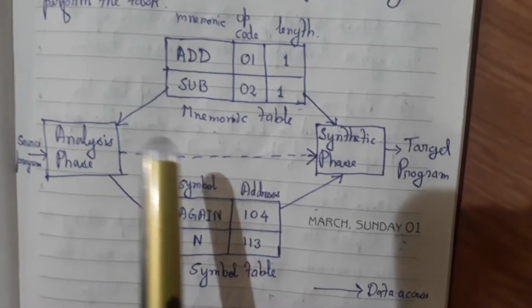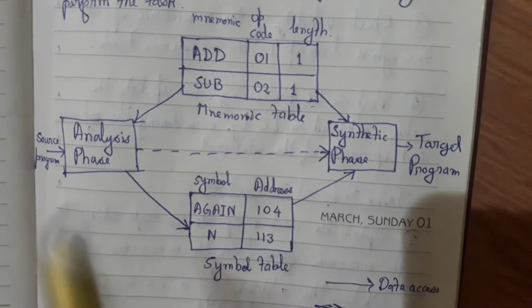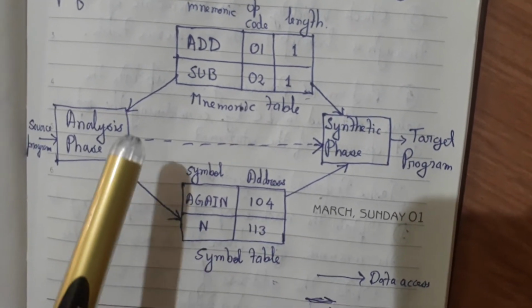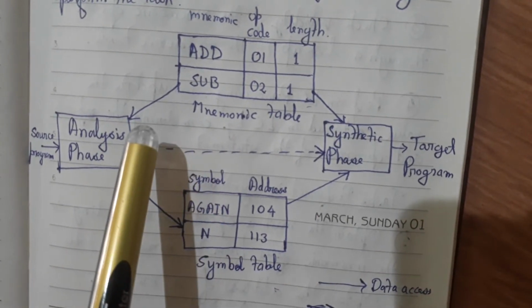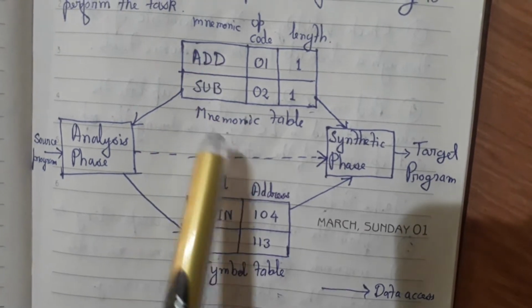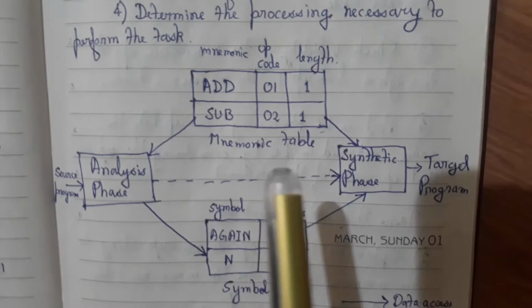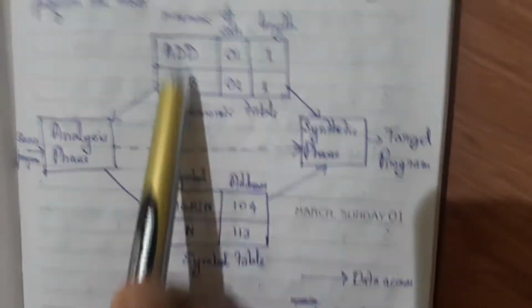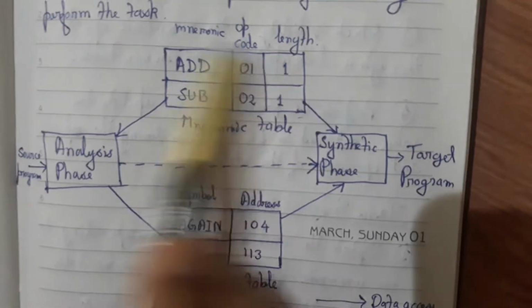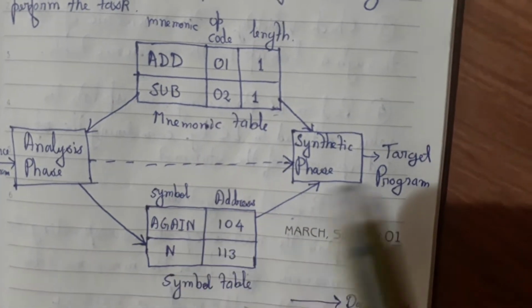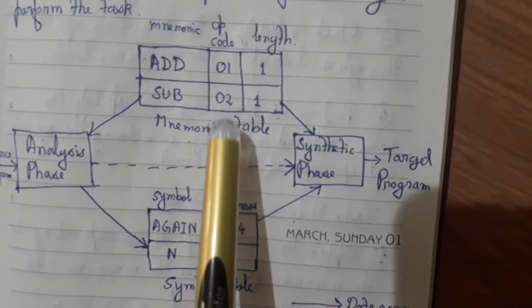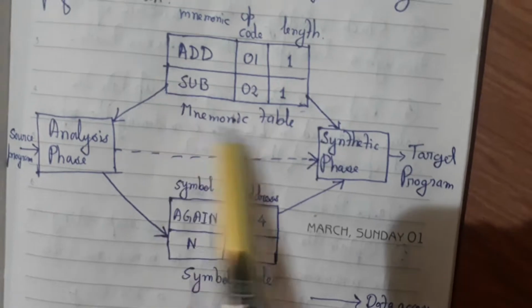Different microprocessors have different sets of mnemonics. 8086 is a 16-bit microprocessor, and it has more instructions than 8085, which is an 8-bit microprocessor. It has a different set of mnemonics. So this mnemonic table will be different for different architectures and processors. This is a pre-built data structure.